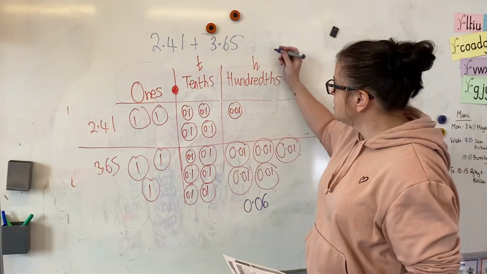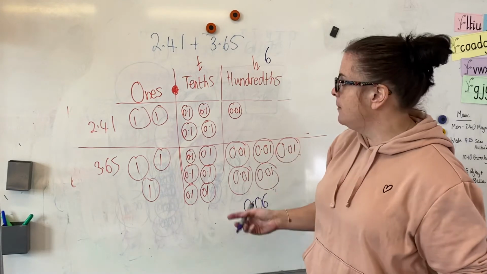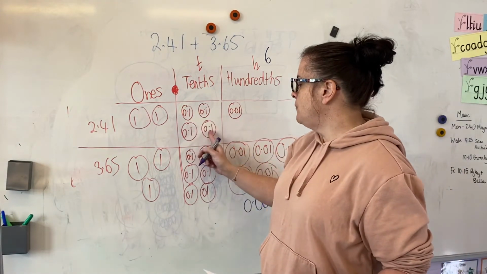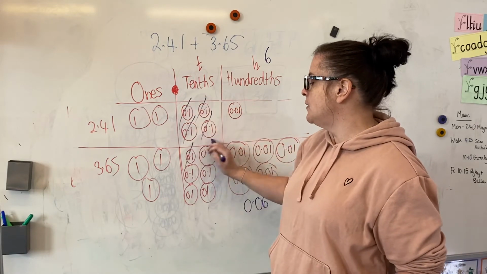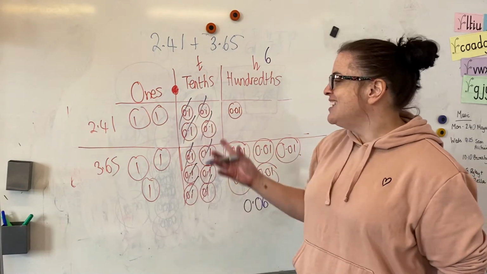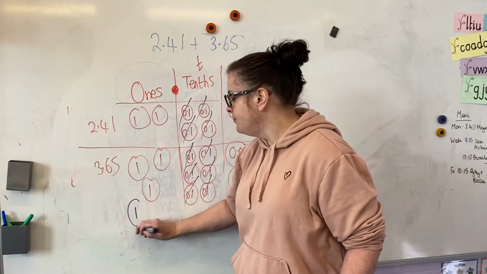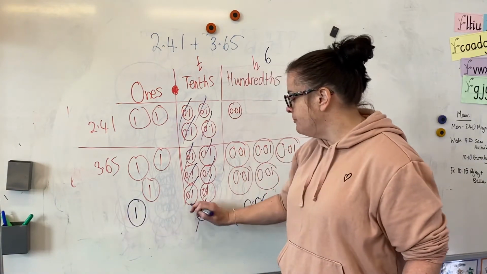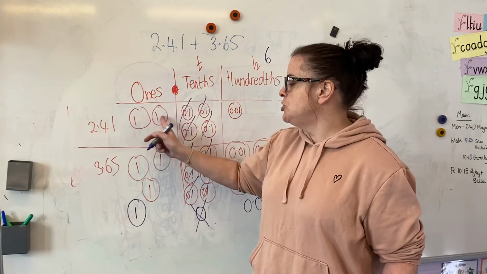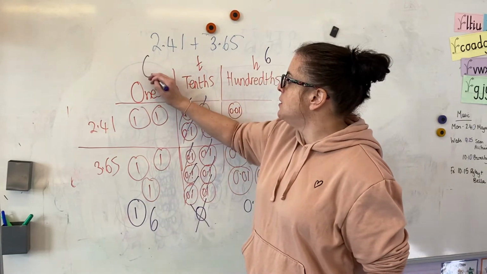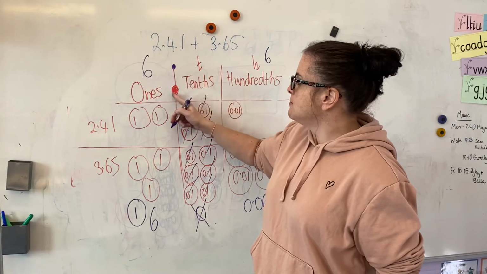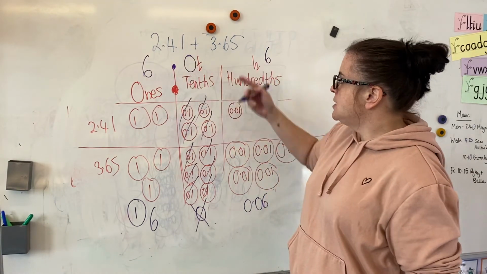Okay, or I've got 6 in this column here. How many tenths? 1, 2, 3, 4, 5, 6, 7, 8, 9, 10. 10 tenths make 1 one. So I've got nothing in this column. How many ones? 1, 2, 3, 4, 5, 6. 6 ones. So I've got 6 ones. There's my decimal point. No tenths, 6 hundredths.